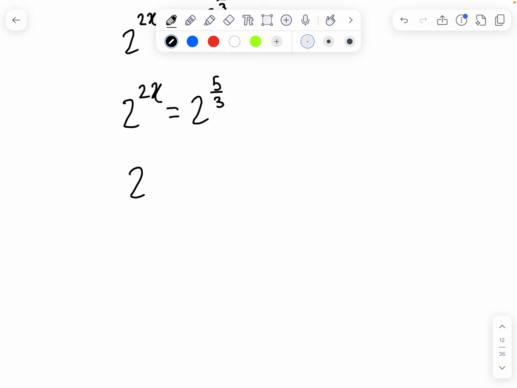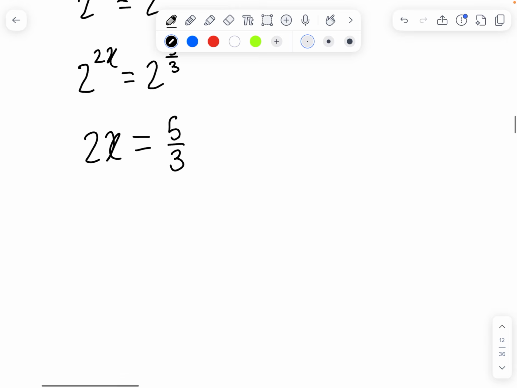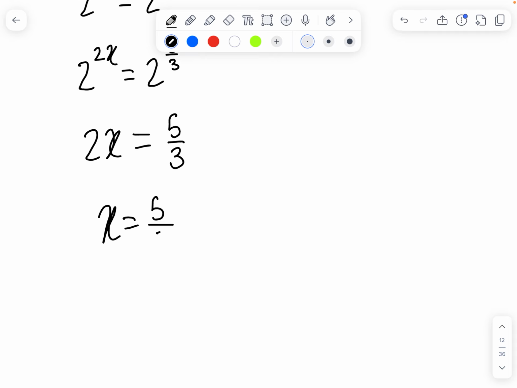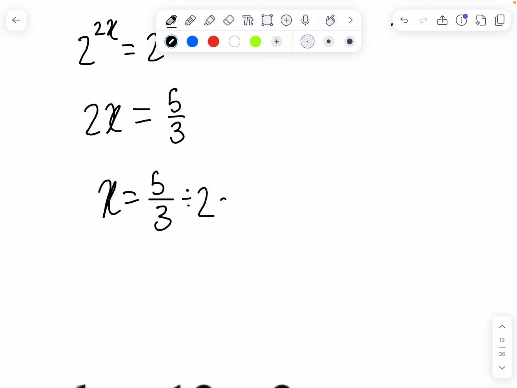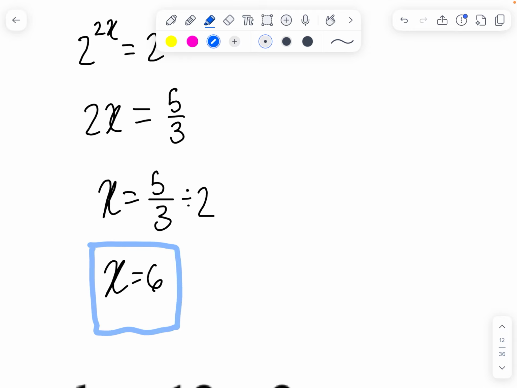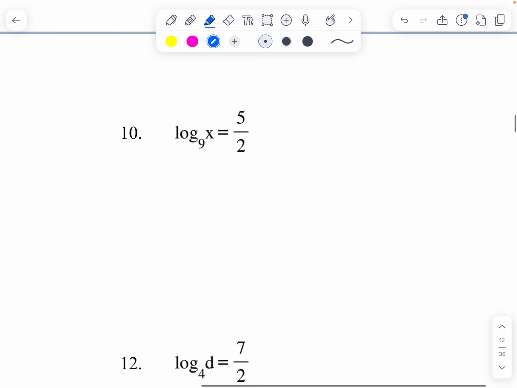Then, since they have the same base, 2x equals 5/3, and then 5/3 divided by 2 is 5/6. On to the next question.